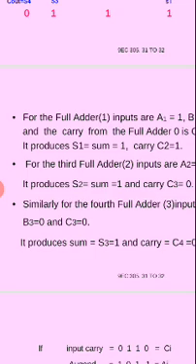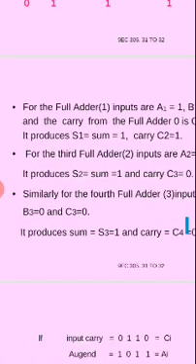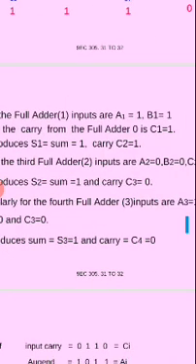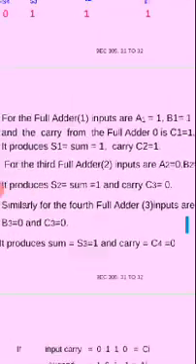For the full adder 1, inputs are A1 equal to 1, B1 equal to 1, and the carry from full adder 0 is C1 equal to 1. It produces S1 equal to 1, carry C2 equal to 1.